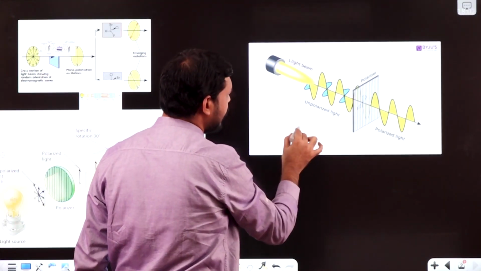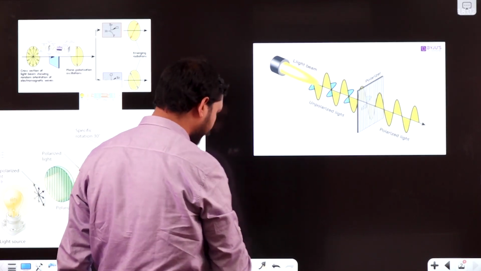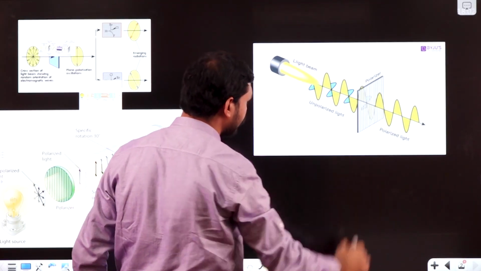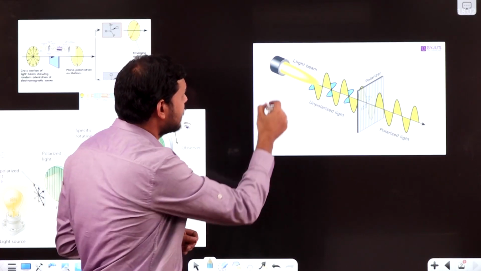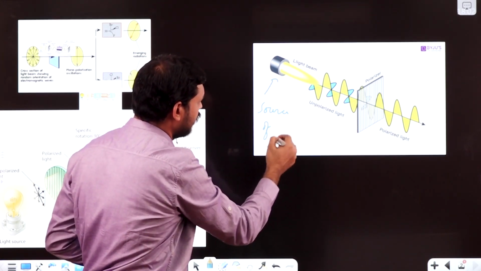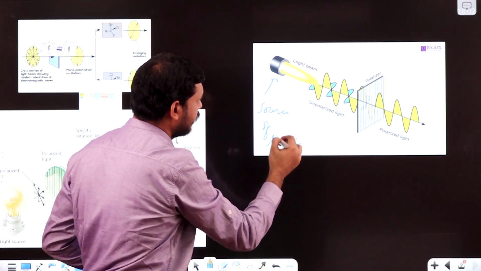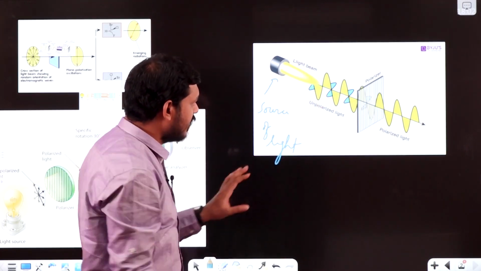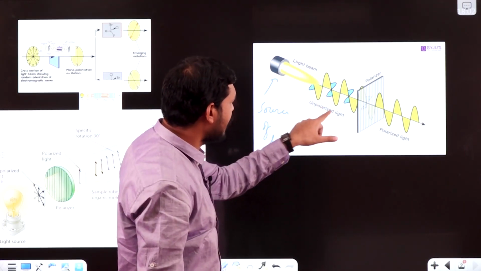Now let's observe this image properly. See, this is your source of light. Light beams are coming here. Now you can see it is unpolarized light.